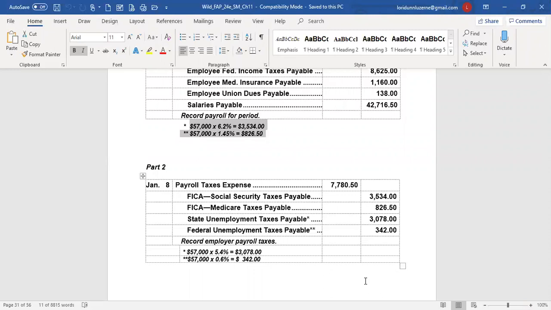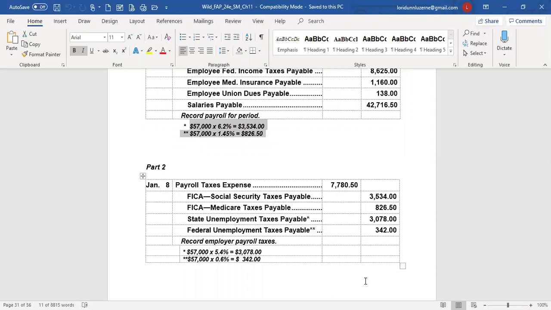And then there's the two unemployment taxes, state unemployment tax and federal, which is only calculated on the first $7,000 an employee makes. Well, none of the employees have reached $7,000 yet, so all of their salaries are to be used to calculate this tax the employer must pay.